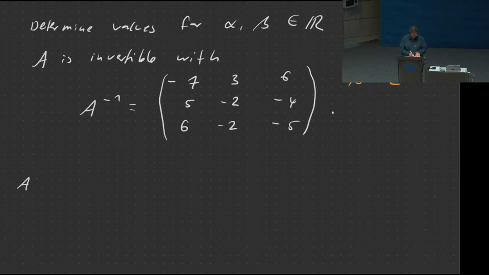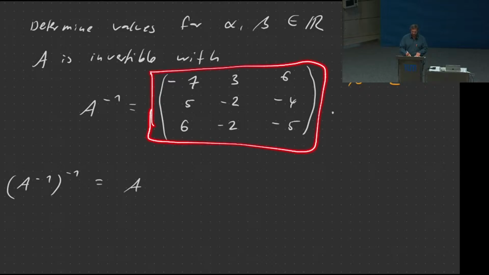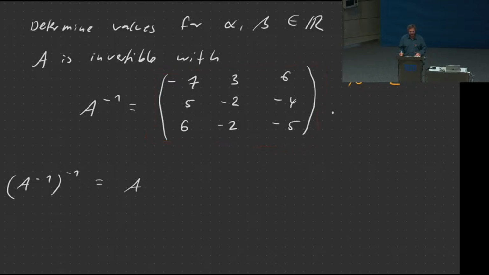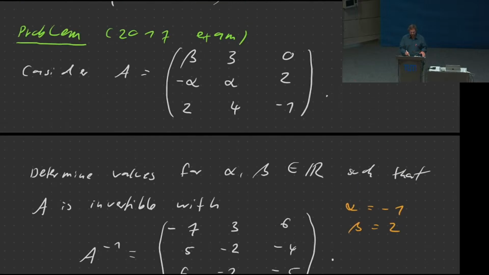The first one is you could, of course, just use the fact that A to the -1 inverse is A. So if you just invert A to the -1, you would get A back. And you do have A to the -1, right? No parameters in there. So you could just invert that and then compare the result to A to get the right values for those parameters.